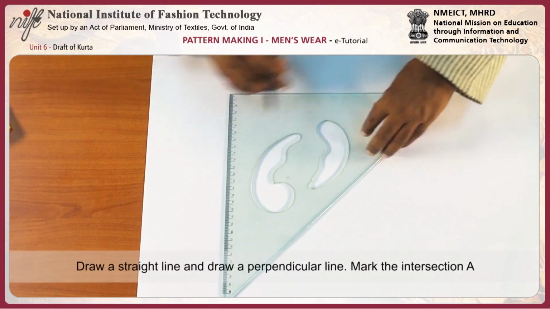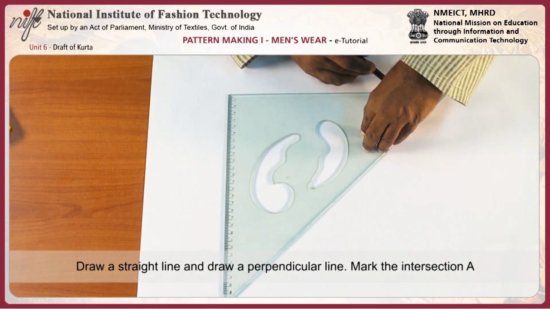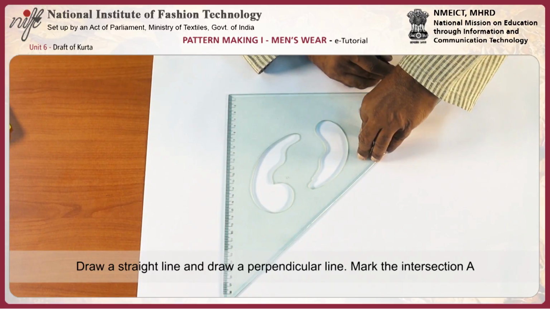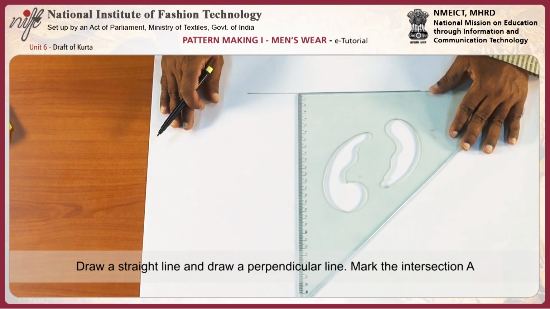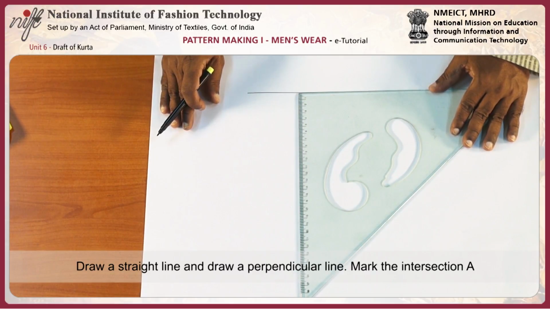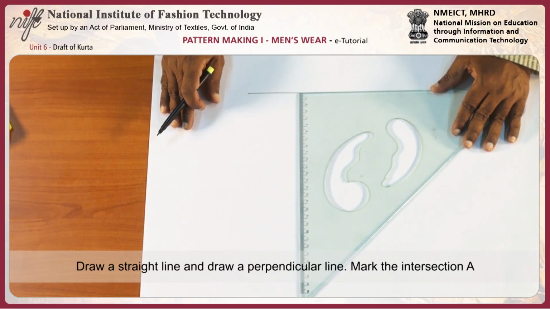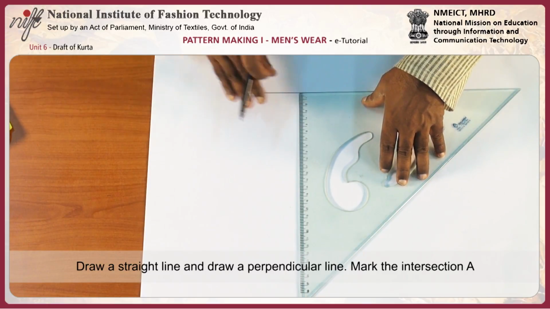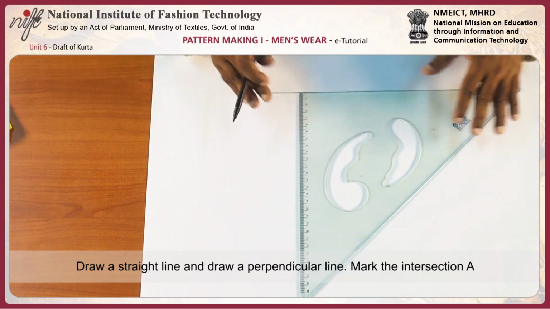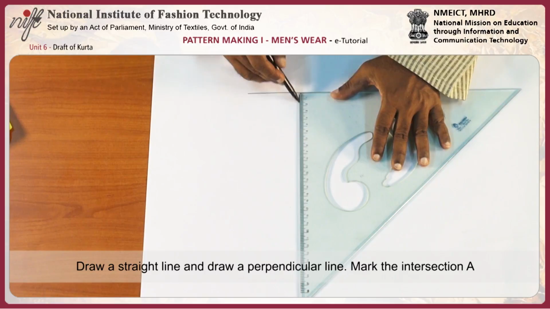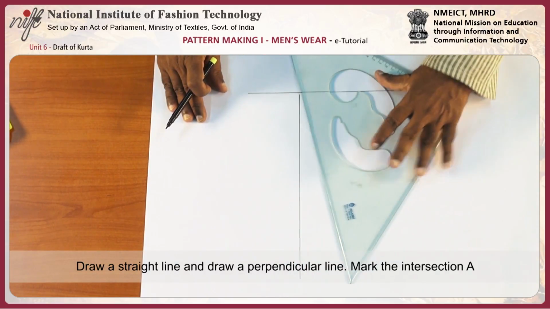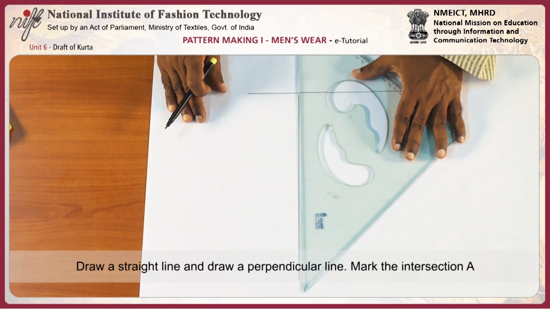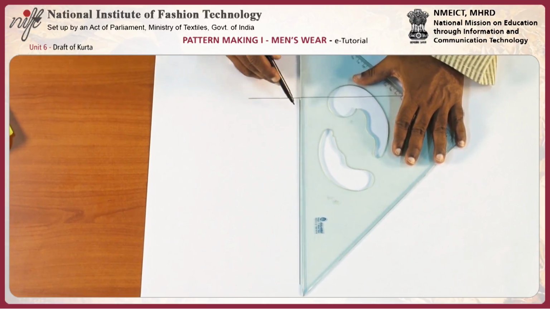Draw a straight line and draw a perpendicular line as shown in the draft. Proper intersection can be taken.